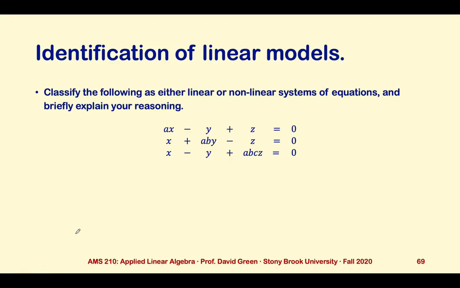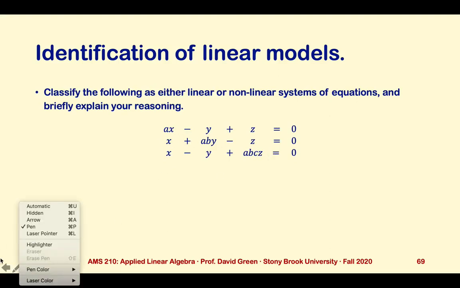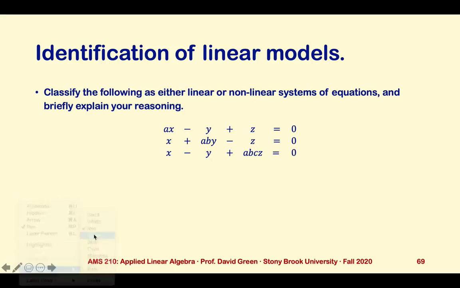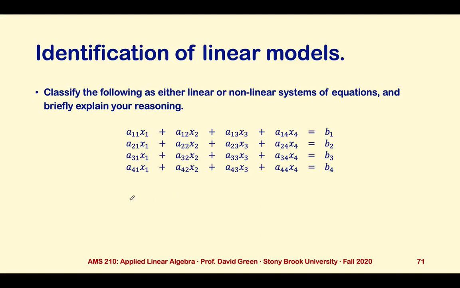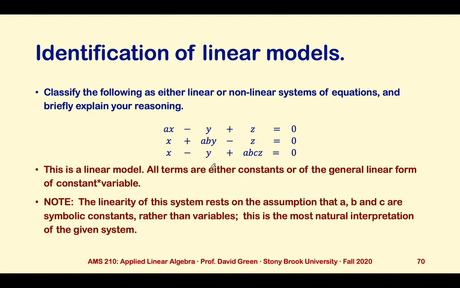Here, this is a little bit of a more subtle problem because we're using these values A, B, C. As long as we follow the convention that A, B, and C, which are letters early in the alphabet, are symbolic constants rather than variables, the natural interpretation of this is that all of the terms are linear. Constant times a variable, constant times a variable, constant times a variable, and so on. A linear system.